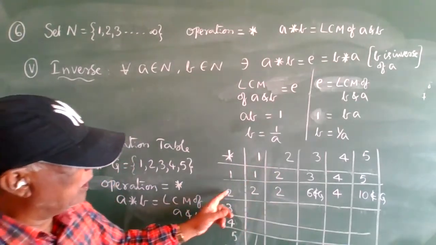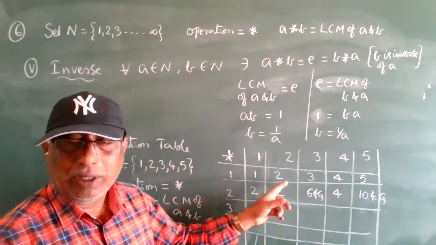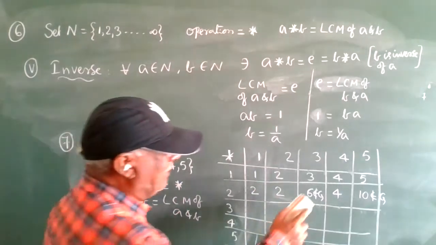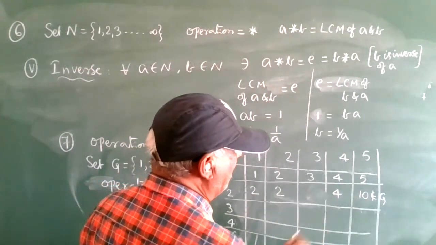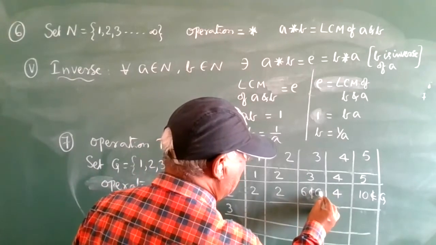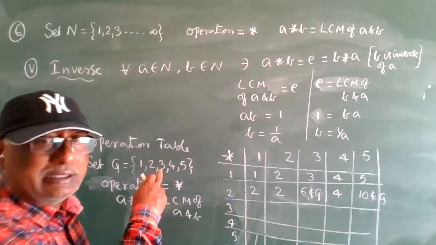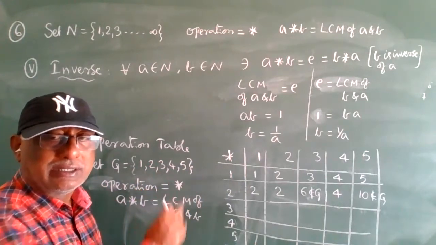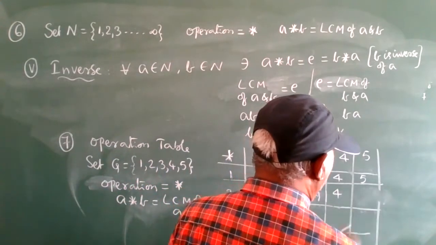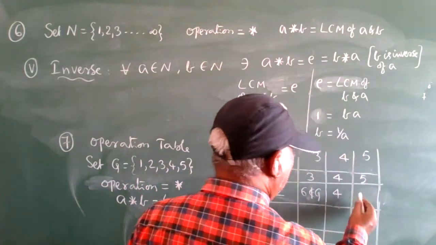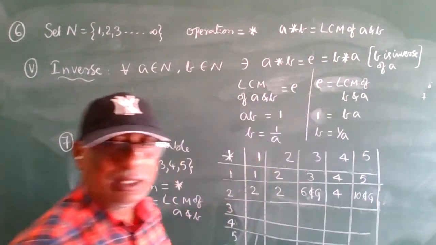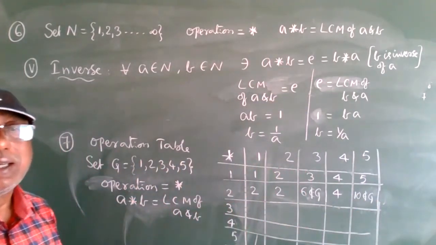But 2 and 1 is 2, 2 and 2 LCM is 2, 2 and 3 LCM is 6, but 6 does not belong to the G set. In the same way, the LCM of 2 and 5 is 10, which does not belong to the G set.